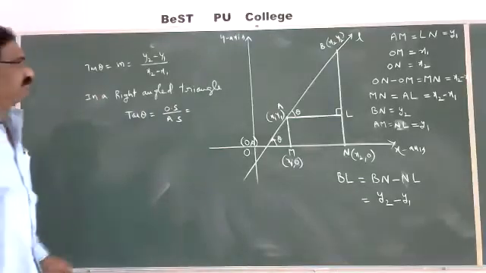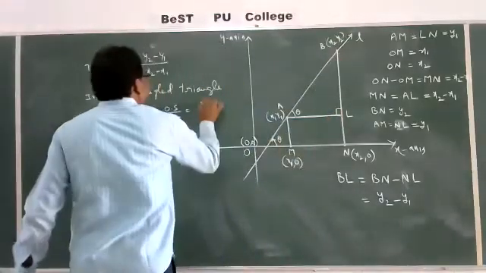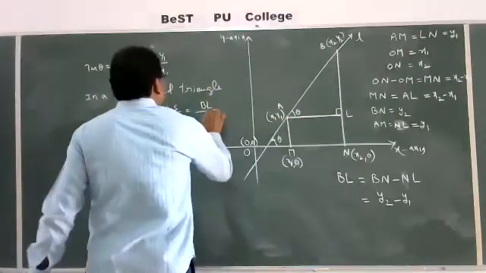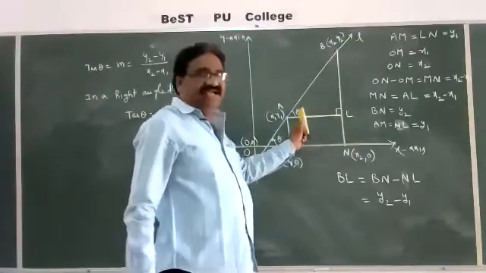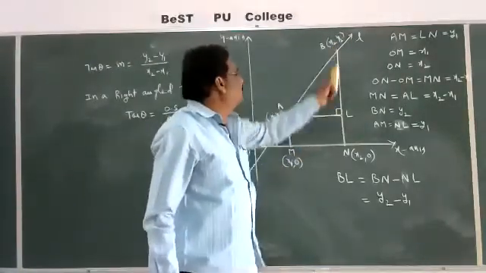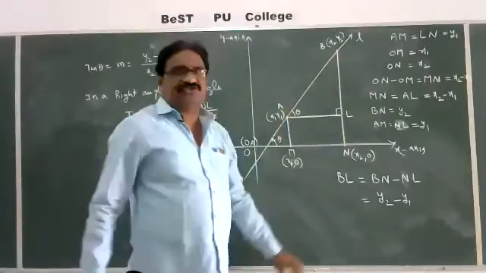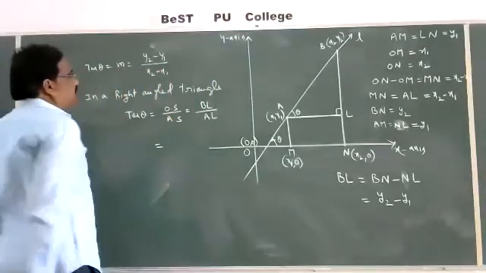You remember the trigonometry: here theta is there, the opposite side is BL, the adjacent side is AL, and this is the hypotenuse. So tan theta is equal to opposite side by adjacent side.